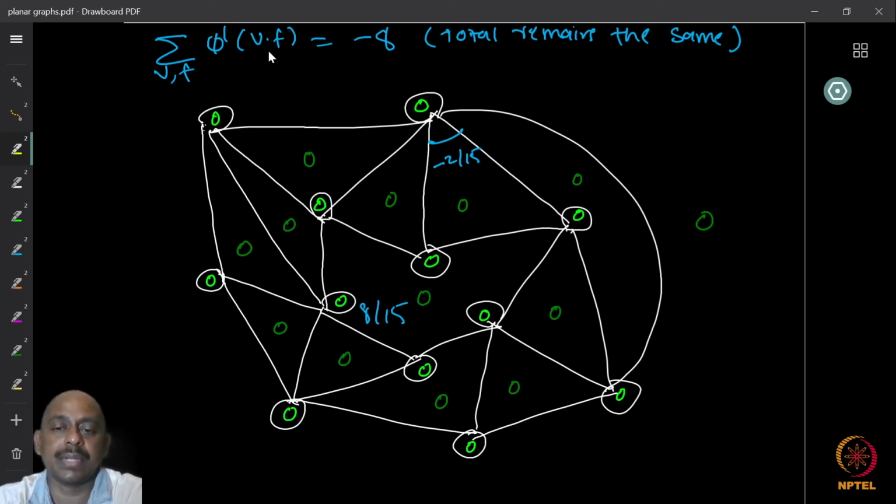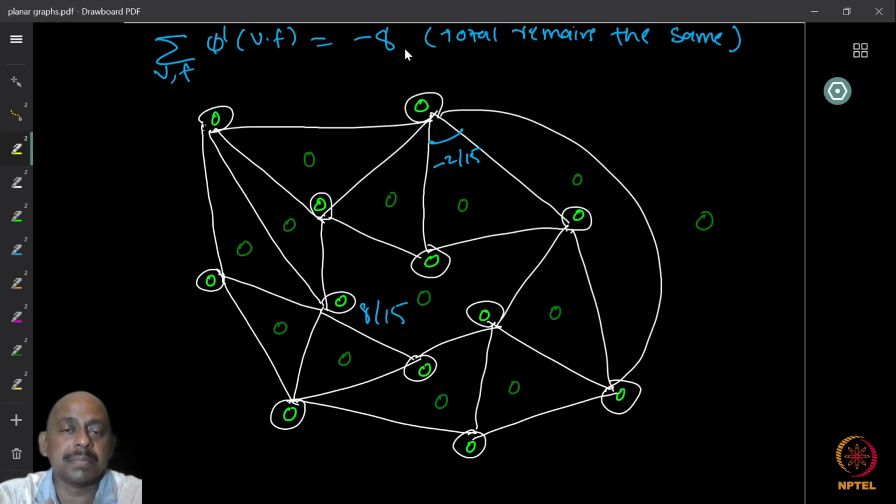We just shifted the charges from the vertices to the corners, but we did not lose it. So the total must be the same. So the sum over all the vertices and faces, the charges of the corners is minus 8, because minus 8 was the earlier sum of charges. Since the total remains the same, the total is again minus 8. But if the total is negative, then as we observed earlier, at least some of the charges must be negative, because if everything is non-negative, the sum is going to be non-negative.